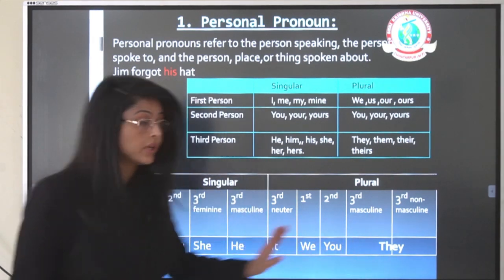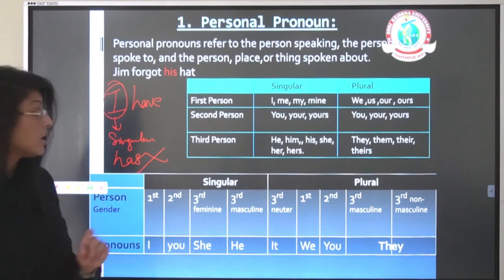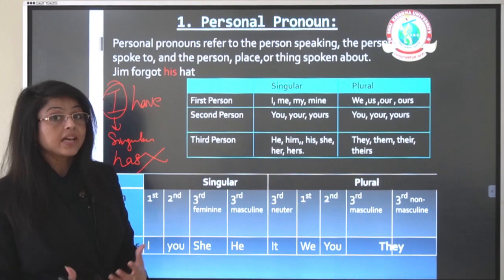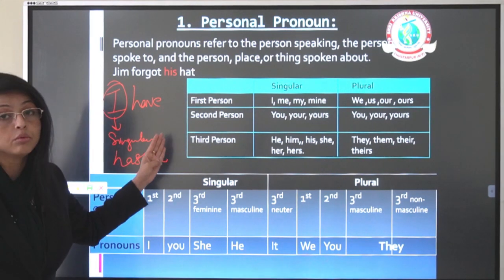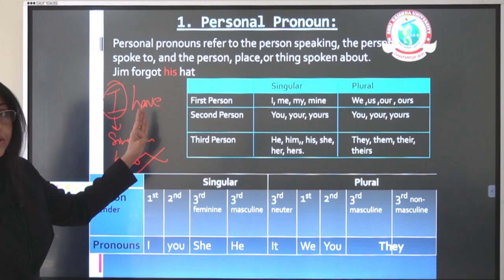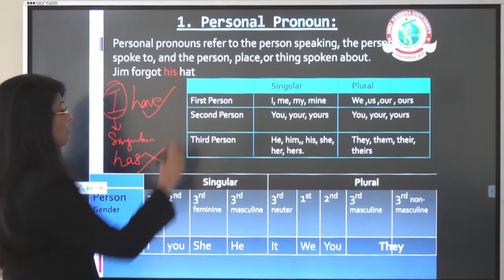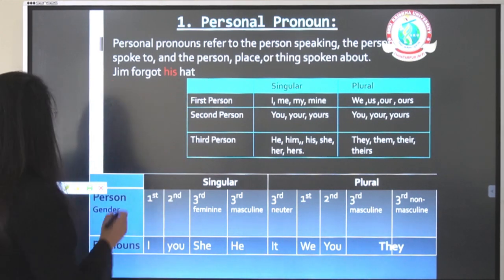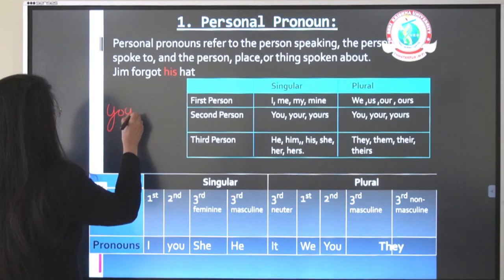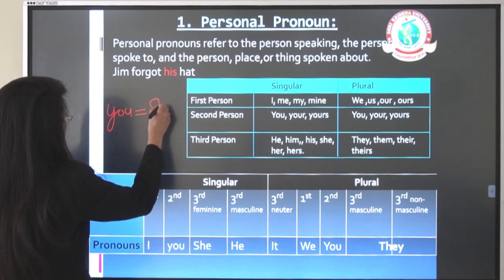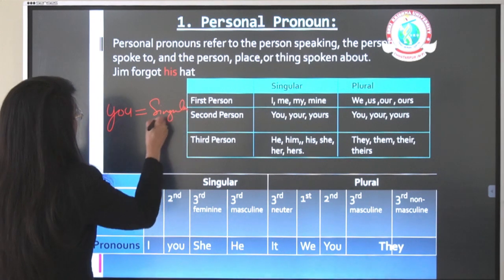They is always plural. So these are the exceptions. Generally, people make mistakes in this. They say, I has gone to somewhere. No, that's wrong. I have, always. You is used both for singular and plural.